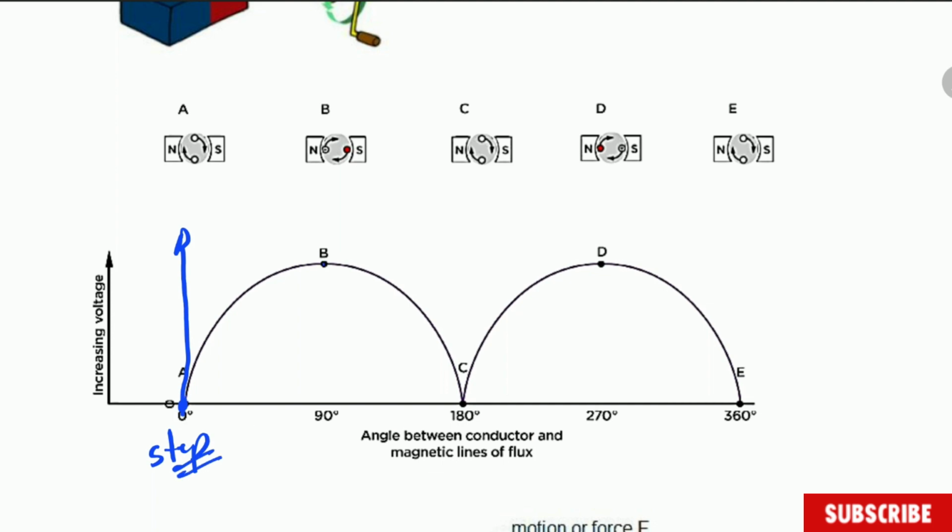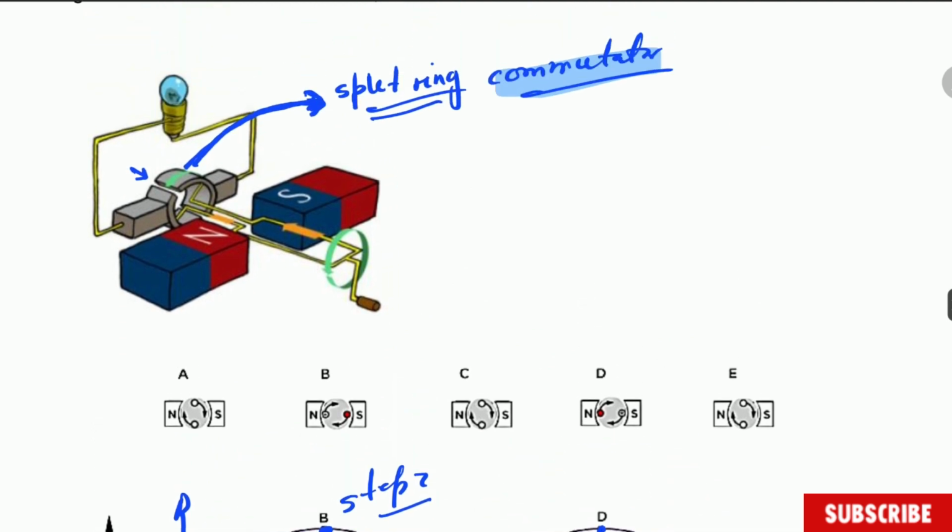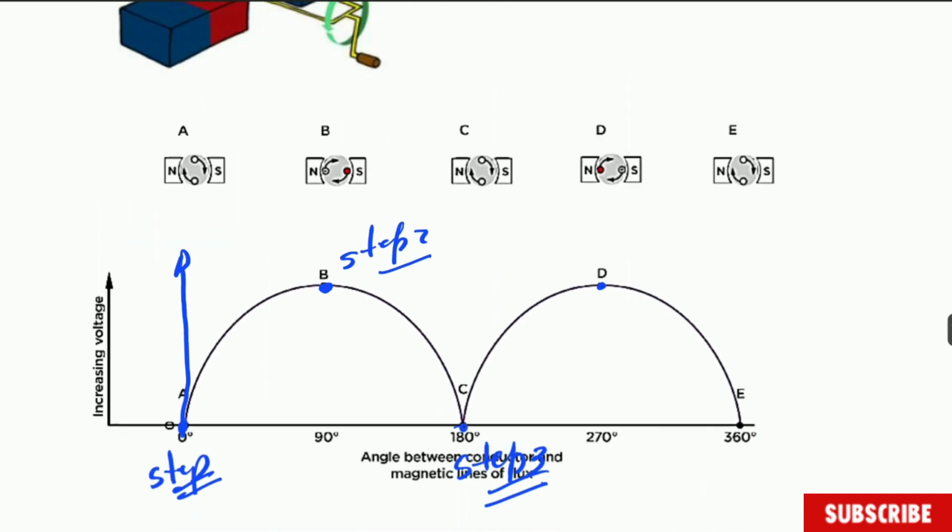It goes to a maximum value when it is in the horizontal position, that will be like step 2, and then it's going to step 1 again, or step 3, but instead of changing direction, it goes back to the maximum in the same direction. Okay, why? Because of the commutator. The split ring commutator is responsible for keeping the current a direct current.